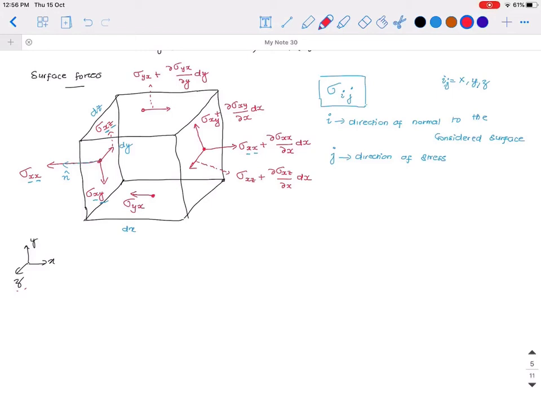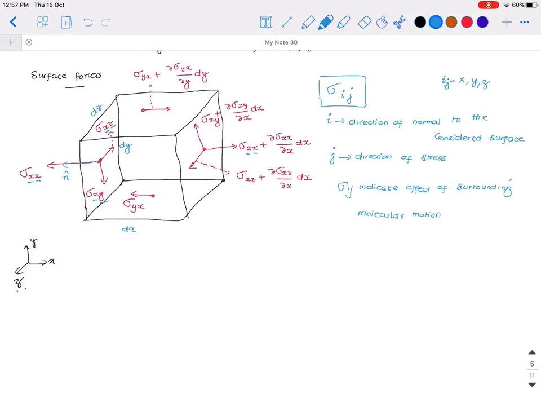Okay, so you know that the surface forces arise due to the effect of whatever is in touch with the surface. So physically sigma ij indicates the effect of the surroundings. In this particular case it will be the random molecular motion that is passing through the given surface.